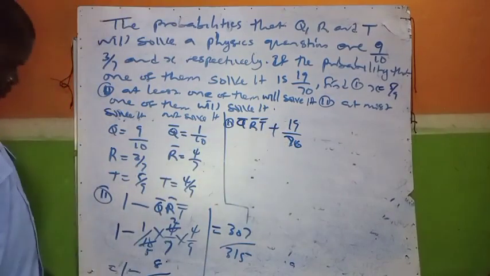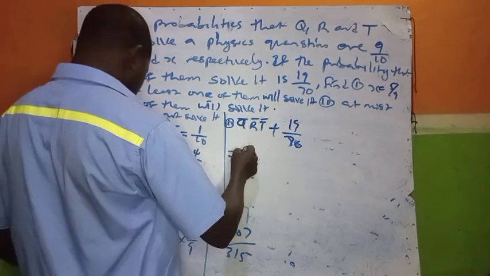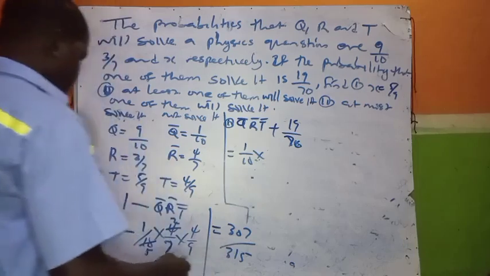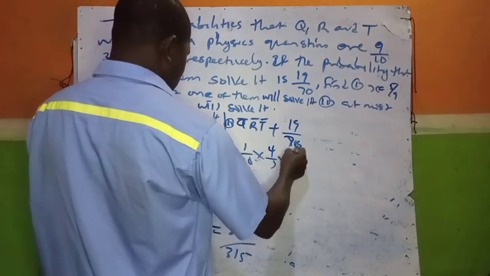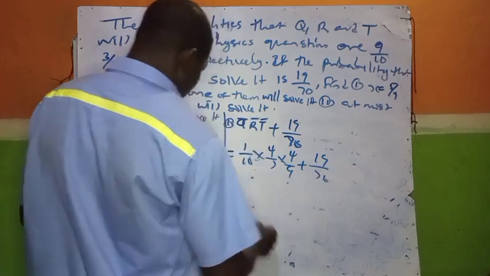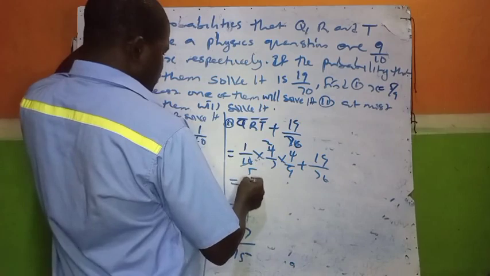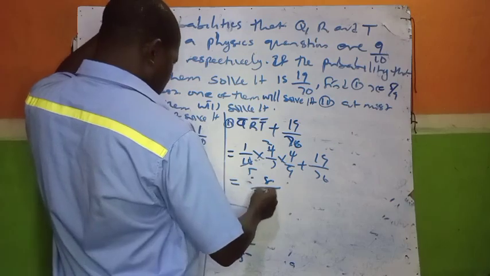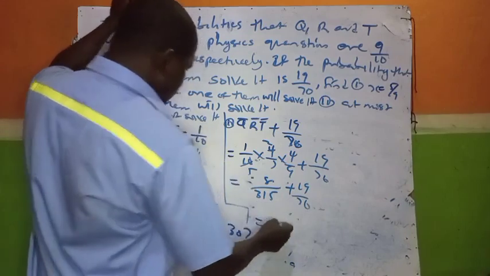Now for this one here, you can have it like this, which is 1/10 times 4/7 times this over 9, then plus 19/70. So this cancels this, so you have 5. So here you have 8/315 plus 19/70.